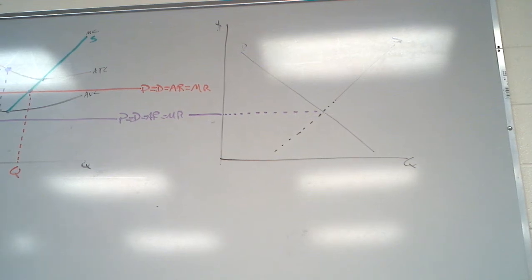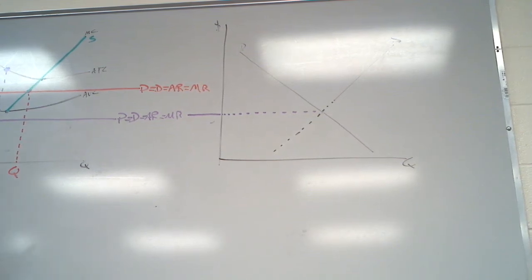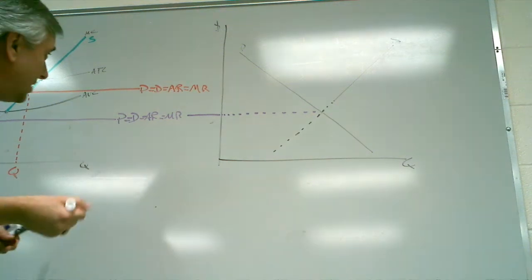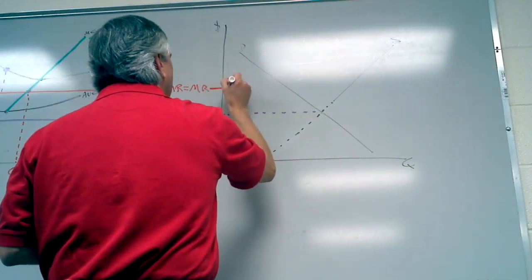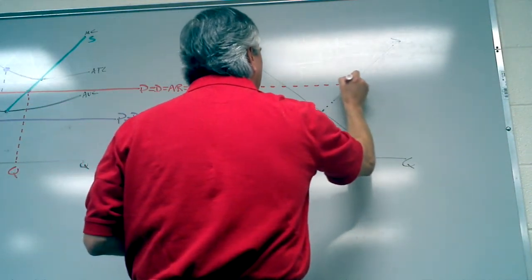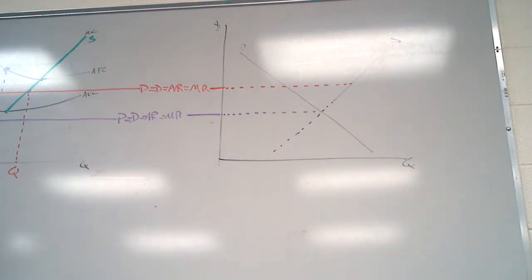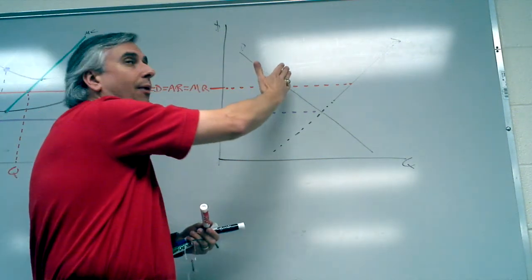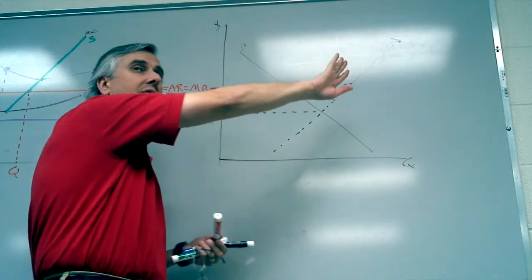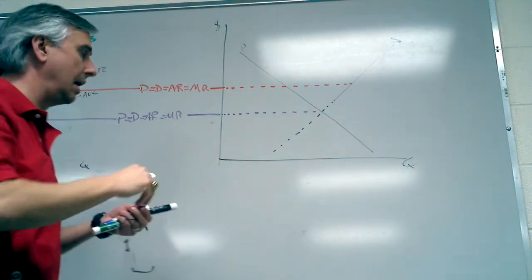Okay? Now, hang on, let me finish this one. If I did this, what I'm suggesting is something must have happened. Either the supply curve shifted left and pushed the price up, or the demand curve shifted right and pushed the price up.